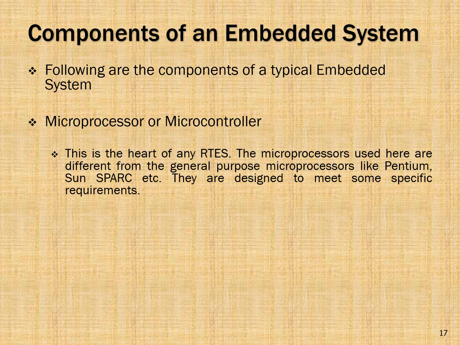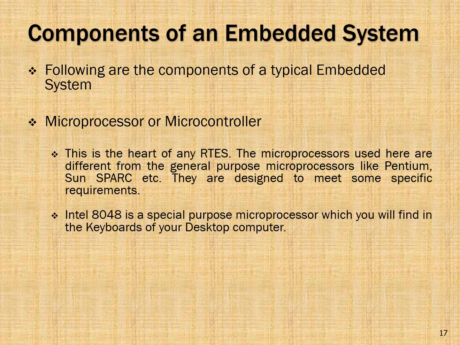Microprocessors used here are different from general purpose processors like Pentium, Sun, Spark, etc. They are designed to meet some specific requirements. So mostly microcontrollers are being used as popular choice for the CPU of the embedded system.